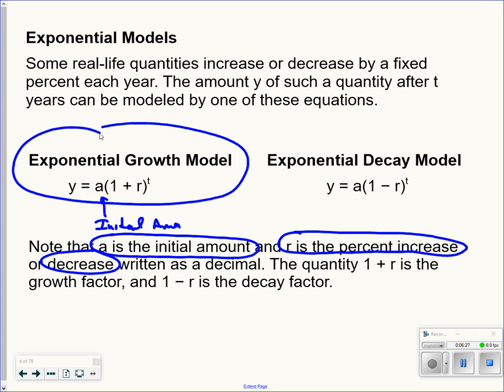So it's always R, it's plus the rate or minus the rate. So if you get a 4% increase, you're going to put 0.04. So when you put it into the formula, you're going to write it as a decimal. And then T is the time.